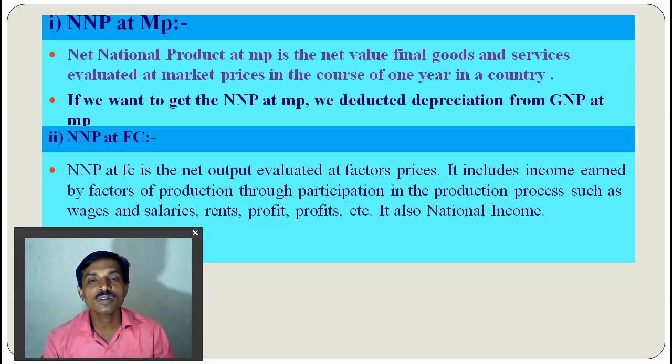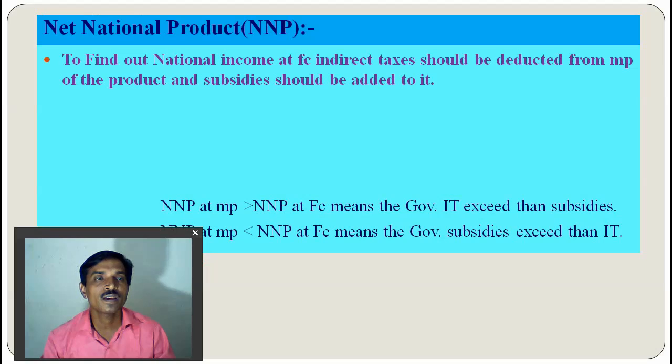The sum of all these things, salary, rent, profit, means the national income. To find the national income at factor cost from net national product, indirect taxes should be deducted from the market price and subsidies should be added.